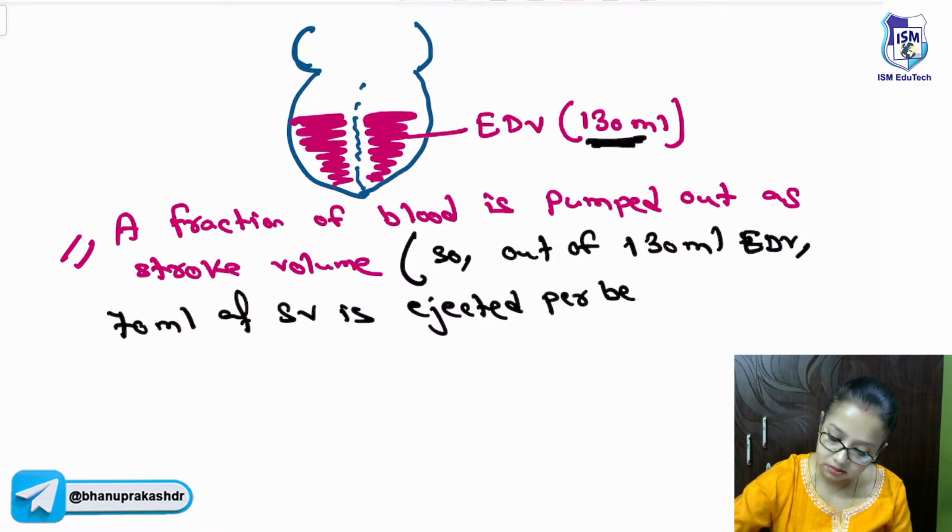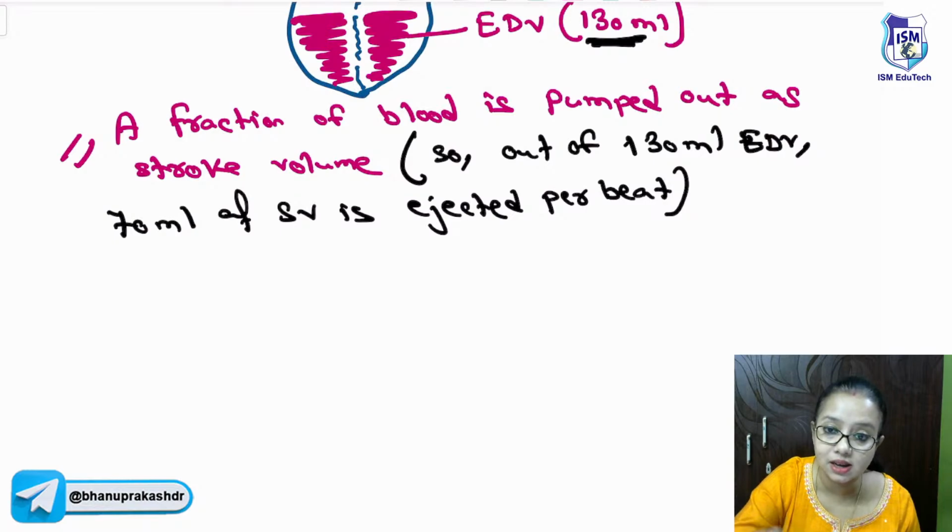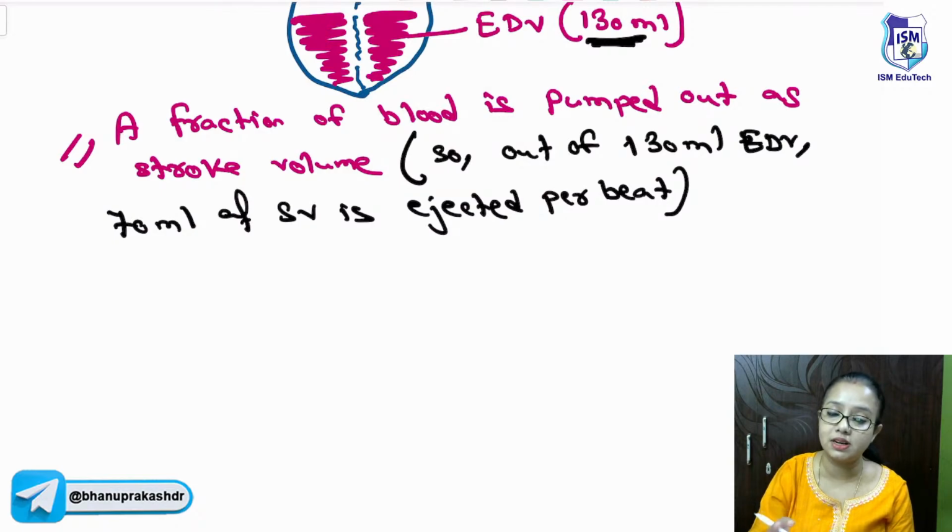So this 70 ml has come from 130 ml. So this is the fraction of the blood that is pumped out as stroke volume. That fraction of the blood is called the ejection fraction.